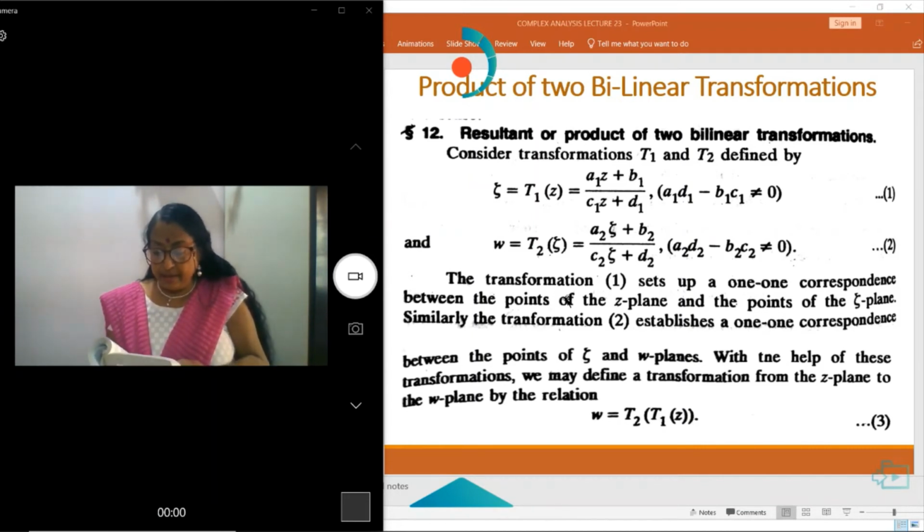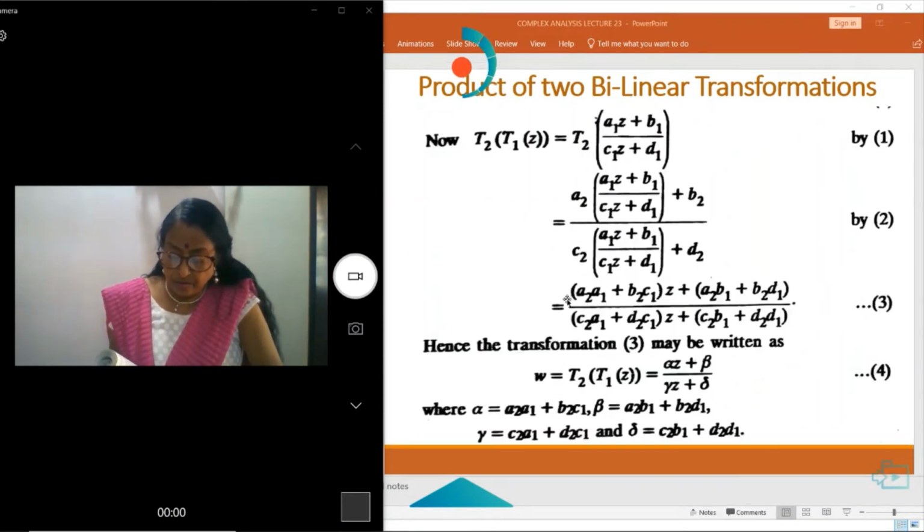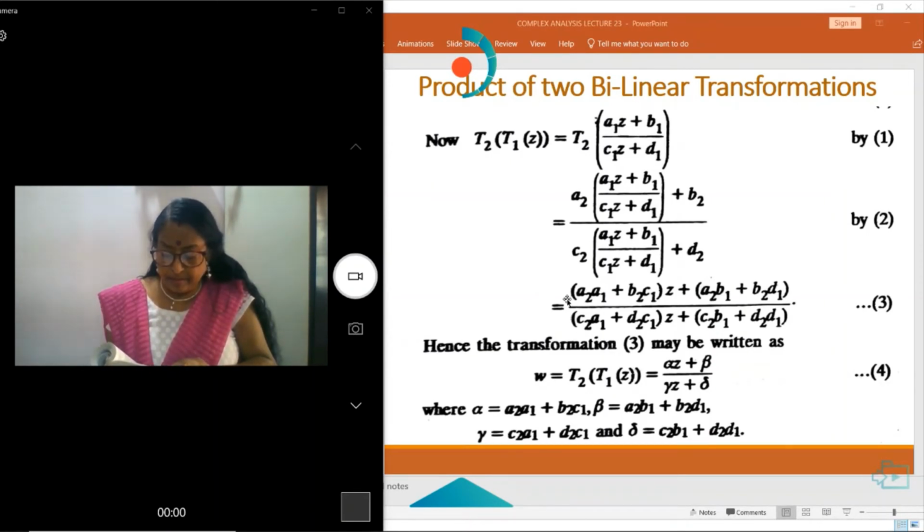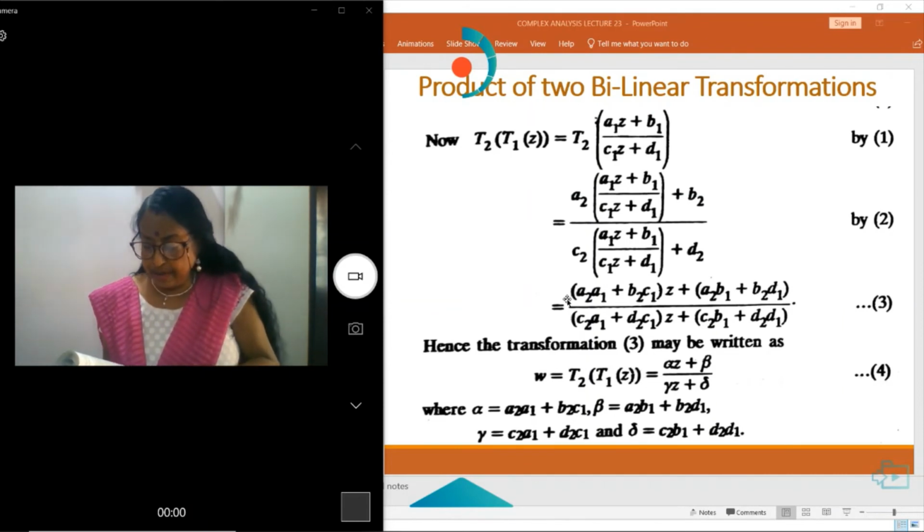Combining these two, we get the expression as written on your screen. Here we can write a1 a2 plus b2 c1 as alpha, and the next terms within brackets as beta, gamma and delta, as shown on your screen.